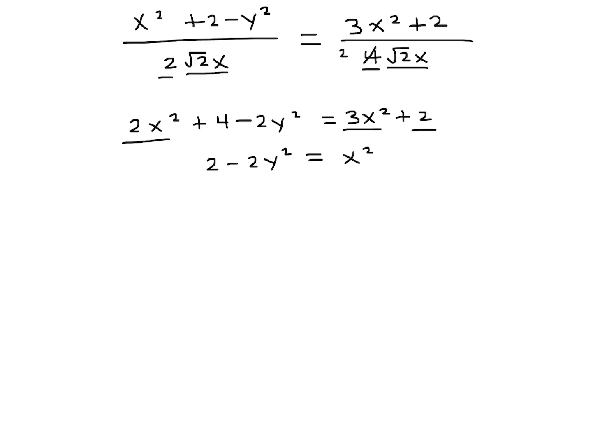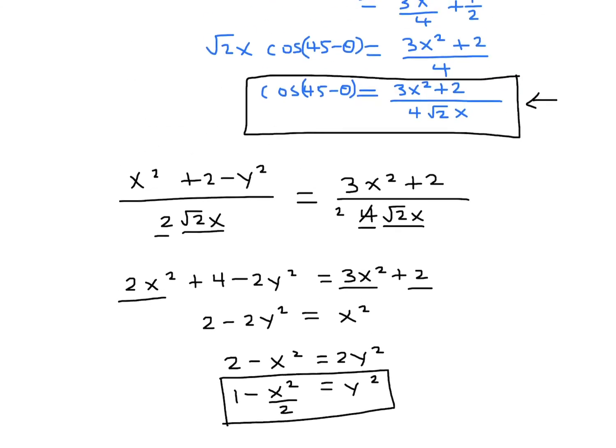And I'll isolate for x or y, it doesn't really matter, but I think y is better because we only have one y in our formulas, so just isolate for that. 2 minus x squared is equal to 2y squared, and therefore y squared will be equal to 1 minus x squared over 2. Okay?